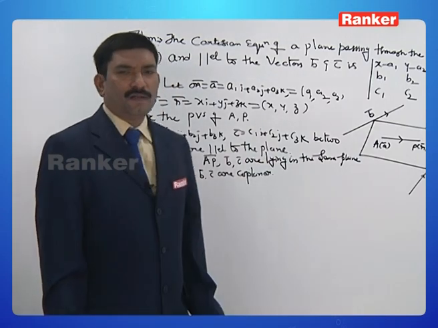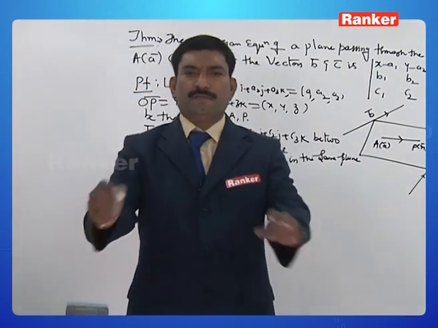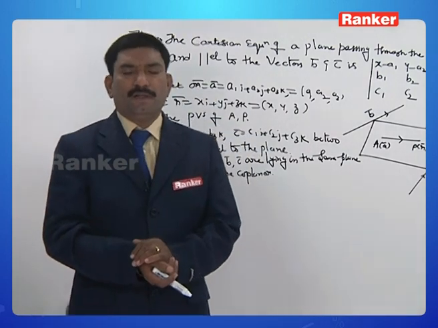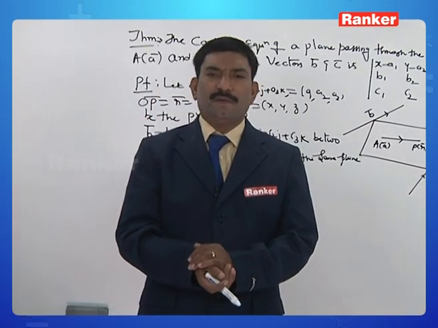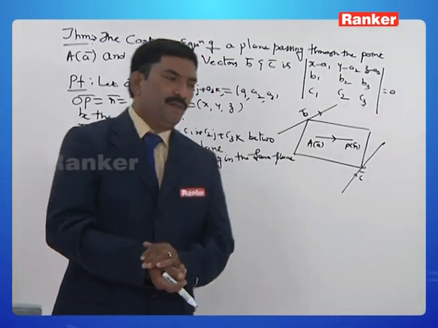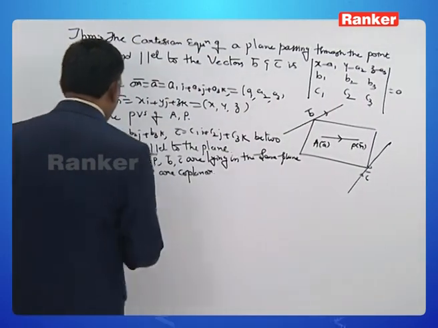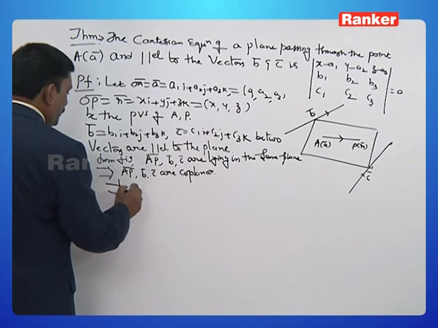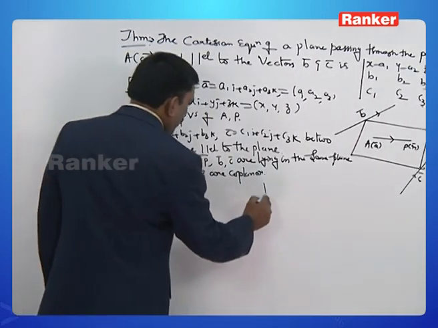Coplanar vectors are linearly dependent. I told the second method: the determinant value is equal to 0. Why? Because they are coplanar, which implies the determinant value is equal to 0.